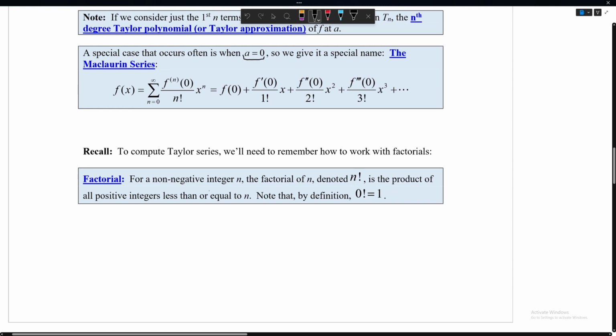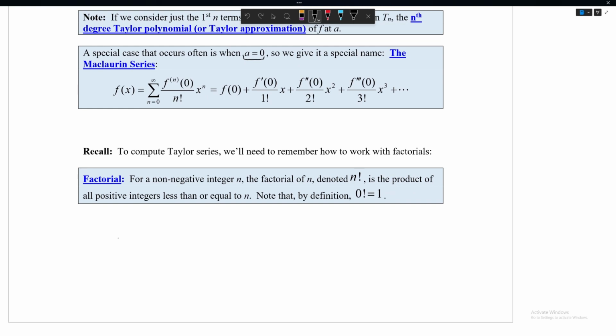So for factorial, what you need to know is that n is a non-negative integer. n factorial is the product of all positive integers less than or equal to n, so n is inclusive.